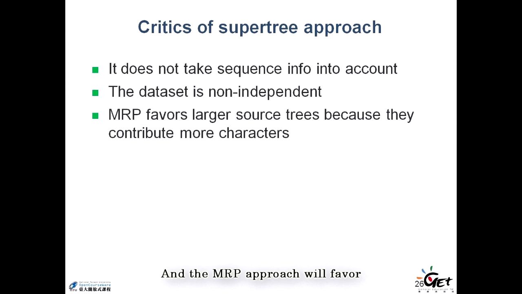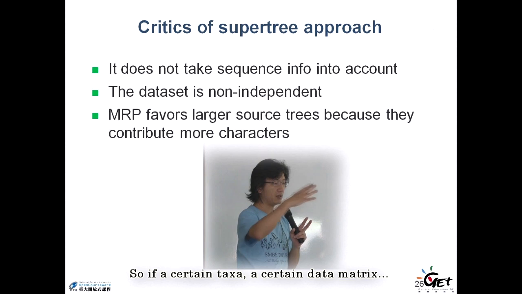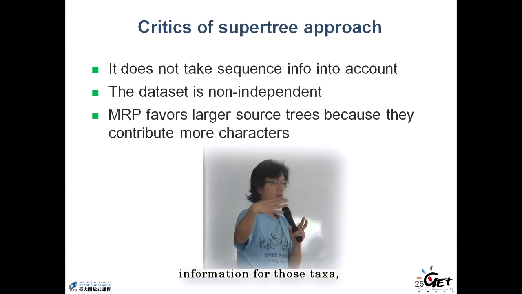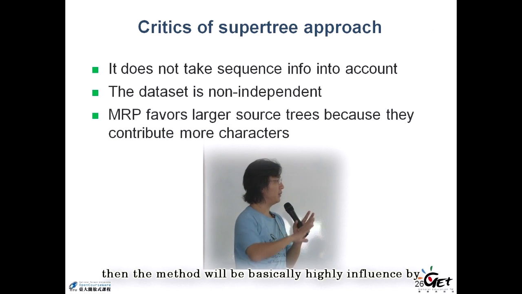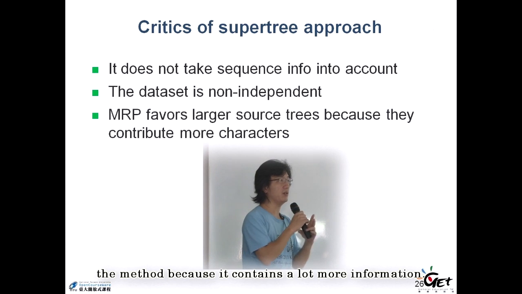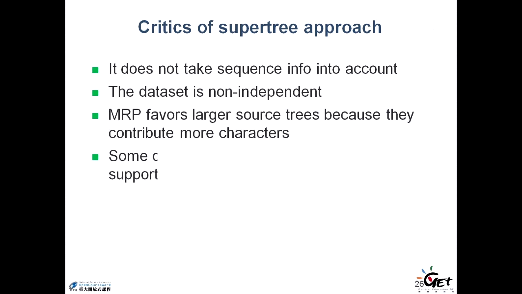And the MRP approach will favor larger source trees. So if a certain part of a data matrix has more complete information for certain taxa, then the method will be highly influenced by it because it contains more information.